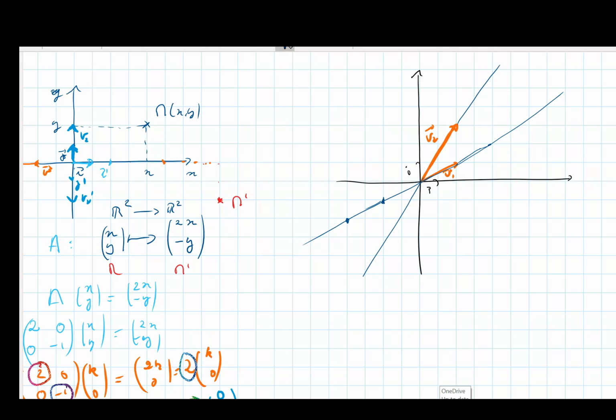Very similarly to the previous one, I would like anything happening on that line to be sent to its opposite. So this one should be sent here, for instance, that would be the image of V2. So you see, instead of having the nice, neat action using the original coordinates ij in the Cartesian frame, I would like the same kind of thing happening relative to those vectors. How would we describe this?